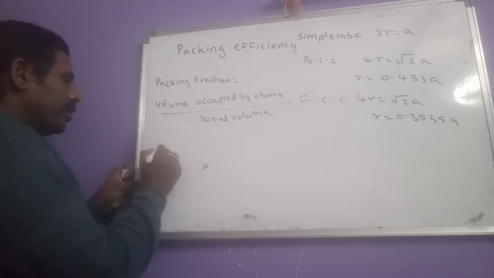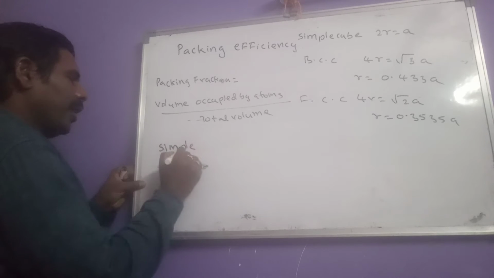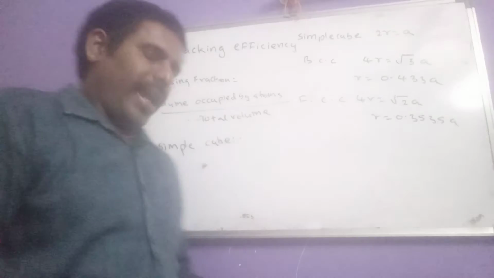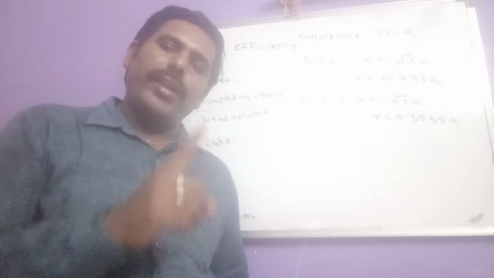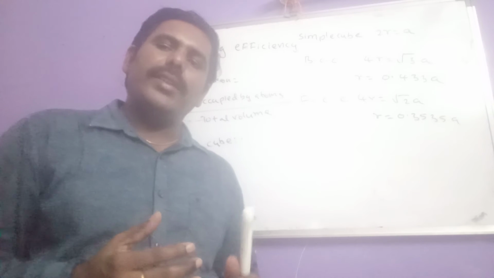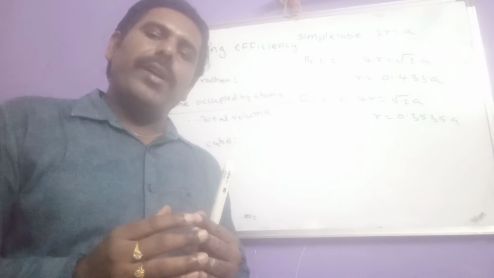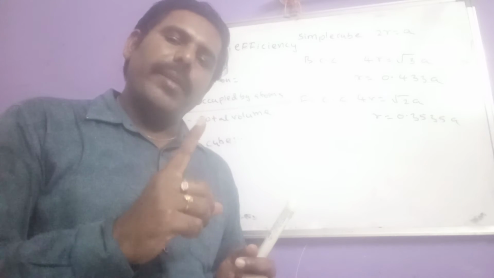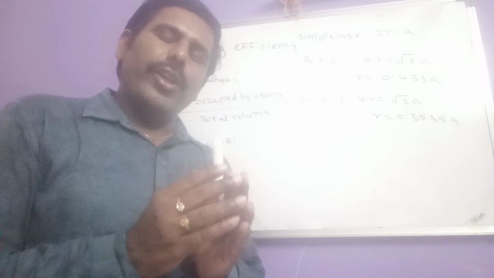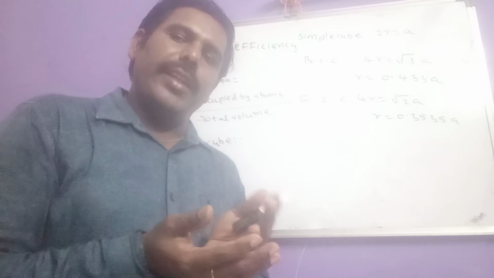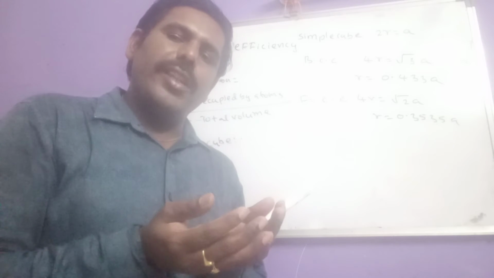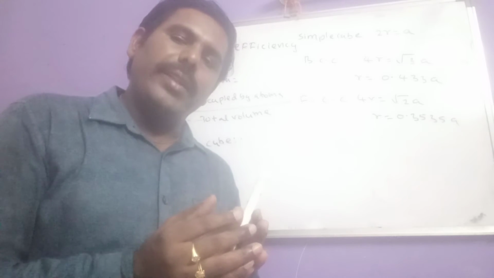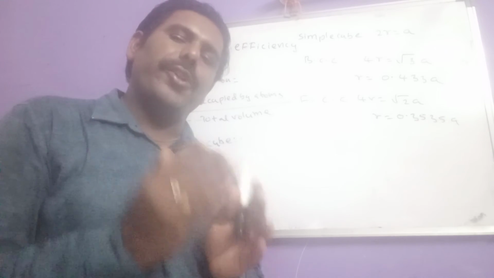So now for simple cube, how to calculate packing fraction? See here. We know that the rank of the simple cube is 1. What is the rank? The effective number of atoms present in simple cube, means 1 atom. And we know that atoms are generally spherical in shape. Now for a spherical shape, the formula of volume is 4 by 3 pi r cube.